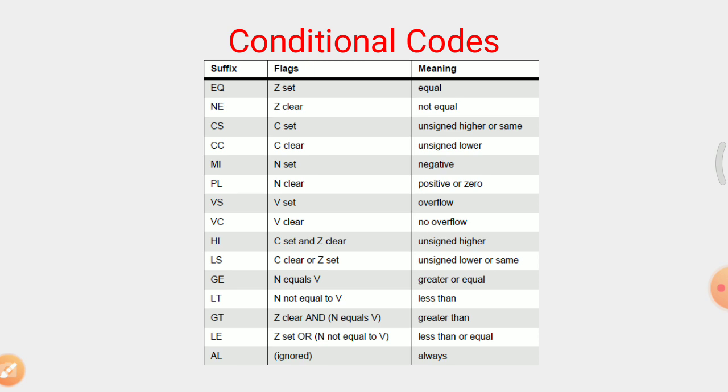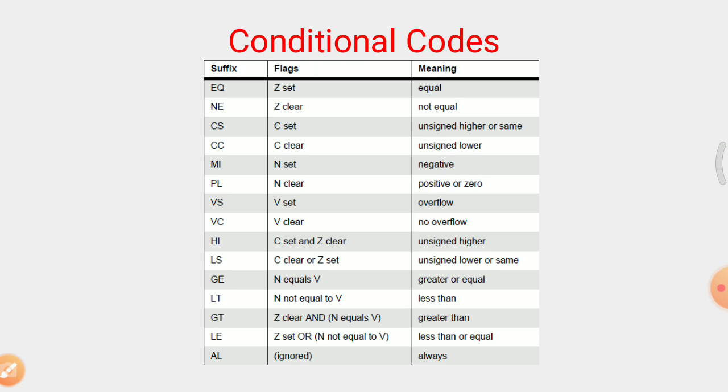Likewise, we have CS. CS means unsigned higher or same, where the CS suffix looks for the C flag. C is the carry flag. So if C is equal to 1, set, then the number is unsigned higher or the same, and then only the instruction is going to be executed.